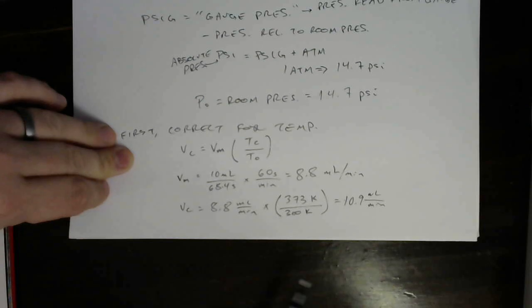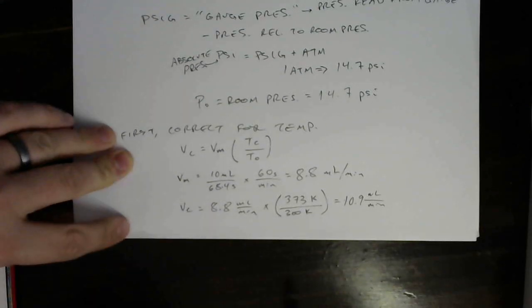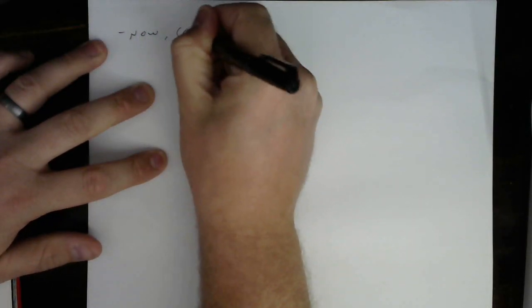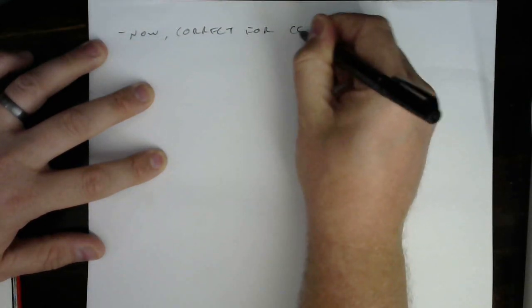It's not the whole story because we have these two competing factors, right? We have expansion due to temperature and we have compression due to gas pressure. And so once we've temperature corrected, now let's correct for compressibility.